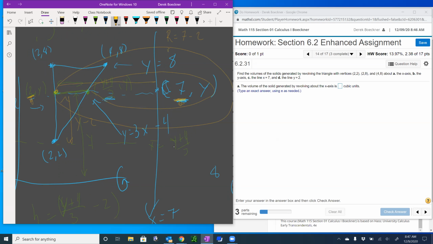The inner radius, well, this is the big x value, so it's still going to be 7, but then I'm going to have to take away the x value where the inside of the strip is. The x value there is y plus 4 over 3. So that's where you get your inner radius. Okay, I see that now.